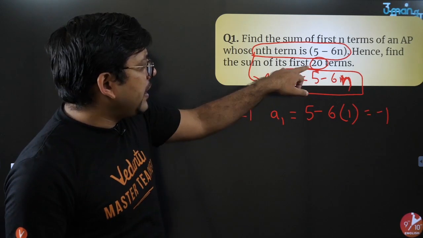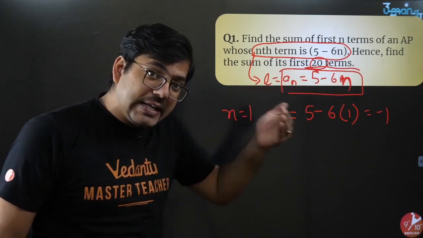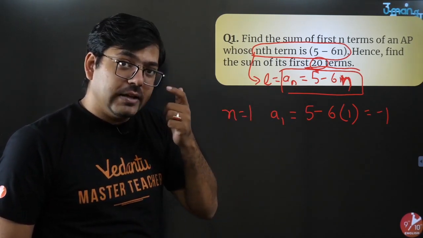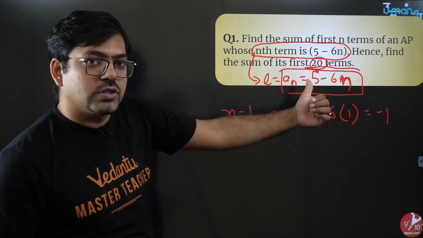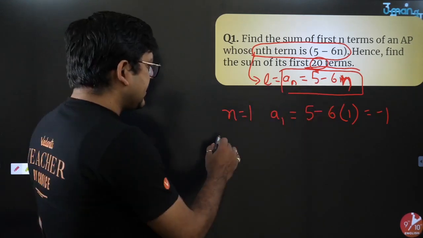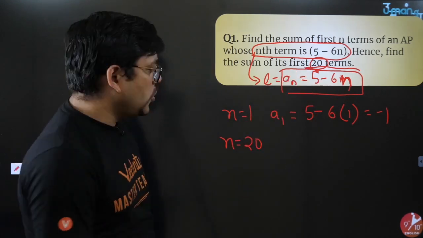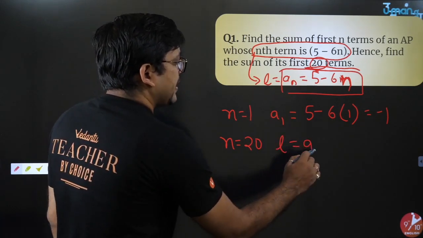Now, we have to find the sum of 20 terms. So 20 terms means the 20th term will be my last term, L, isn't it? We know L is equal to a_n equals 5 minus 6n. In this, if I put n equals 20, which is given here, 20 terms, I can get the last term, a20.